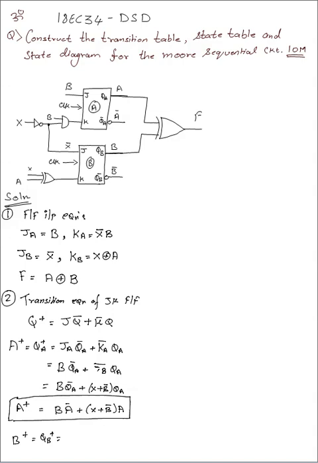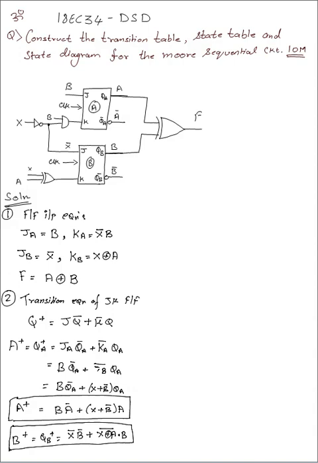This is what we have got: x complement into B complement plus x XOR A complement into B. So this is the final equation for B plus. These are the two important equations that we need while solving for this.